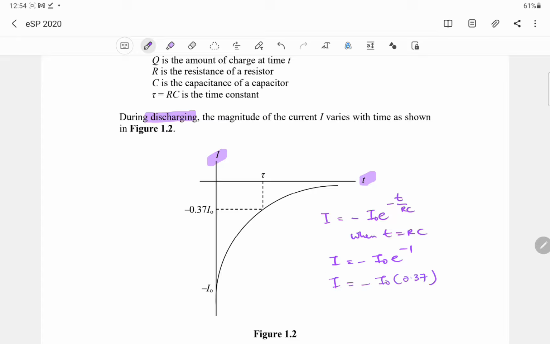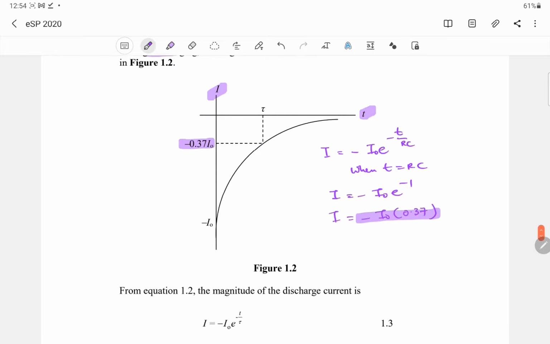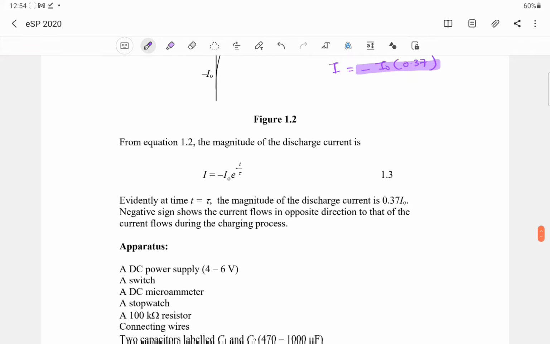That's why we have the negative here. Negative just shows that the direction of current when charging is opposite to the direction of current when discharging.